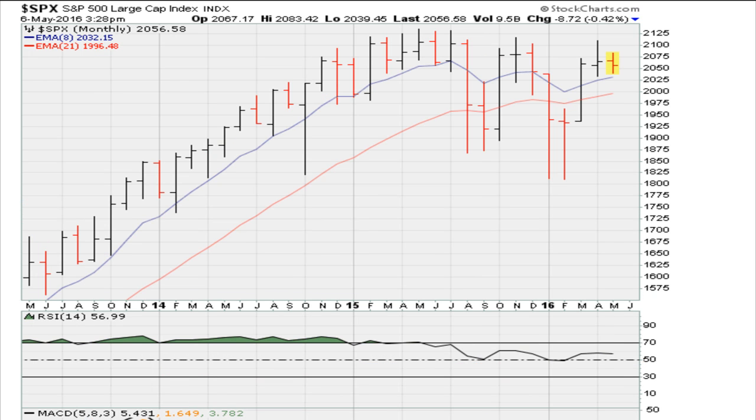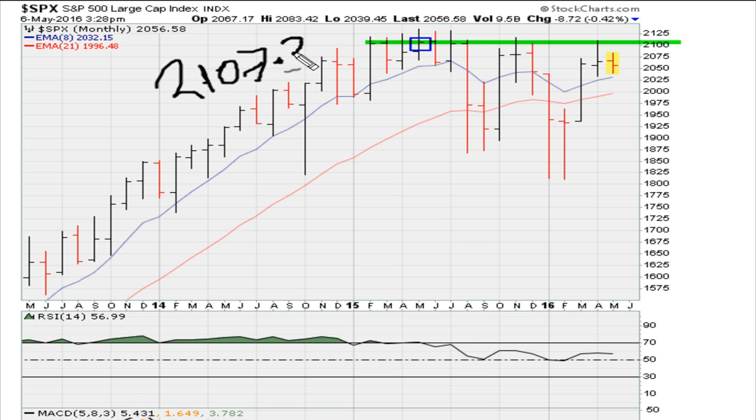Before I conclude here, let's take a look at the long-term monthly chart. Again, go back to the all-time highs for the SPX, and I believe until the market can clear the all-time monthly closing high, we have to assume that the market is at best range bound. So 2107.39 is the current all-time monthly closing high.